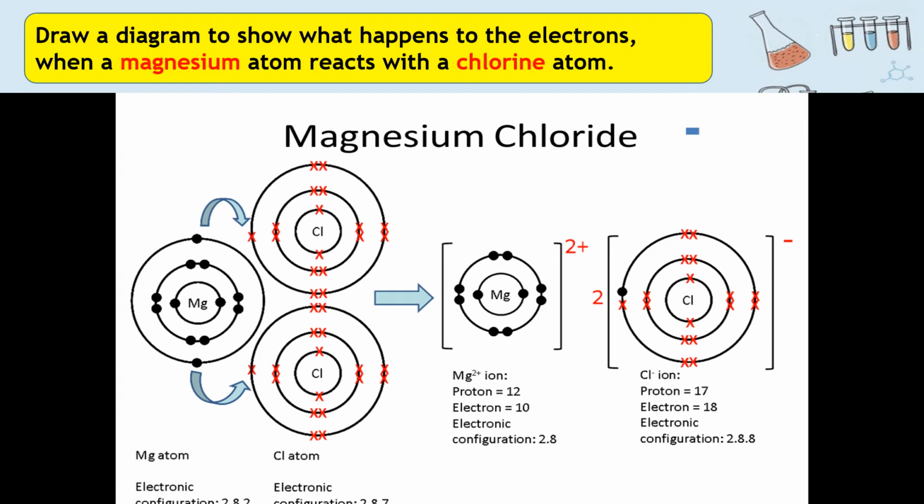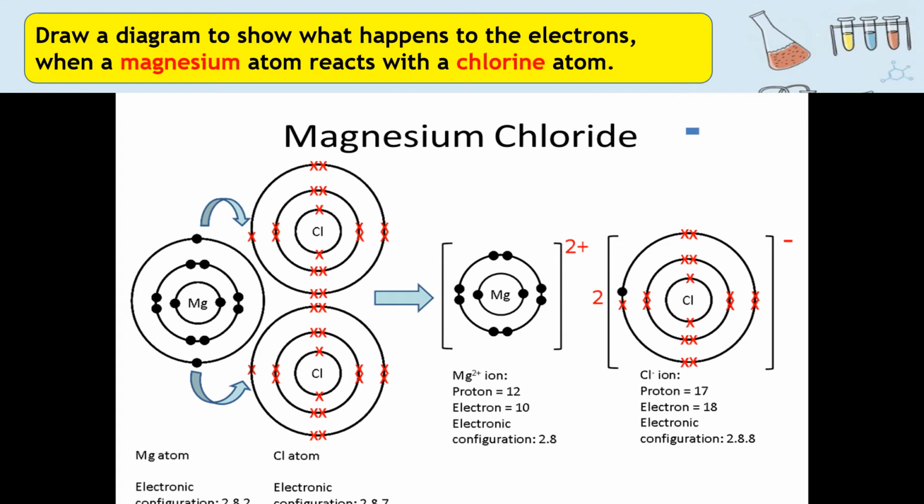So, first step is, let's look at how many protons and electrons a magnesium atom has. This magnesium atom has an electronic configuration of 2, 8, 2. The atomic number is 12. Therefore, it has 2 valence electrons.